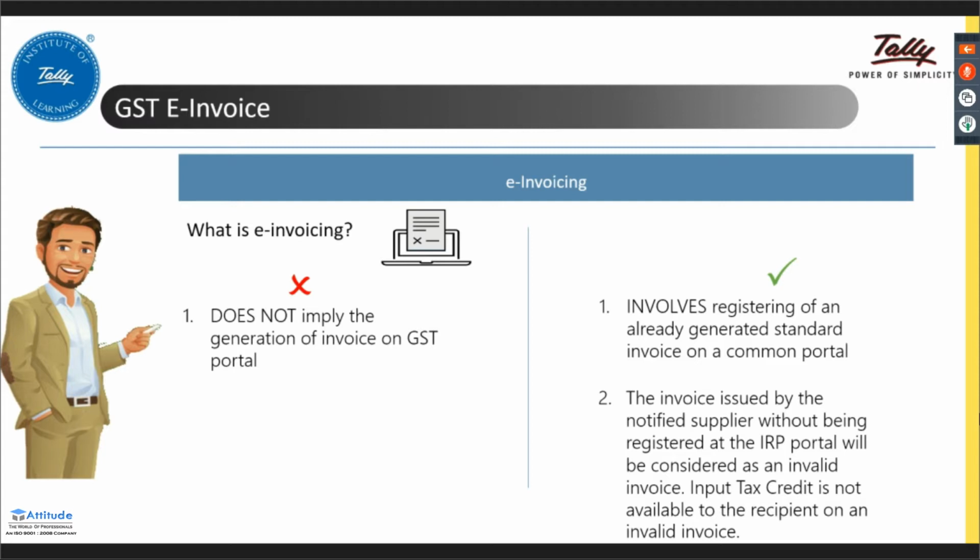An invoice issued by a notified supplier without being registered at the IRP portal will be considered invalid. So here we have a set of guidelines or rules we need to follow in order to get ourselves registered and then issue an e-invoice.